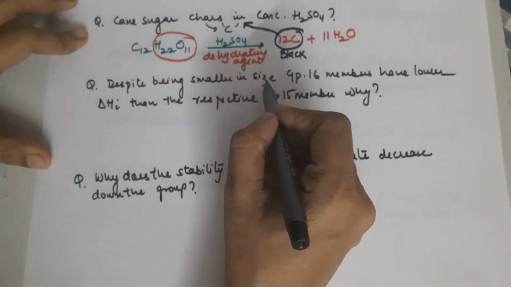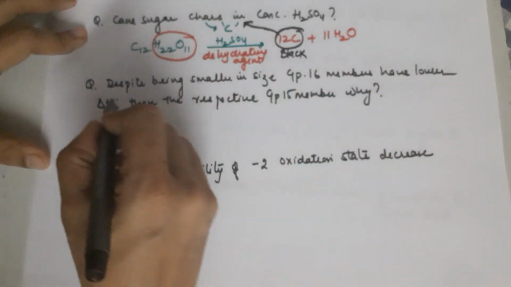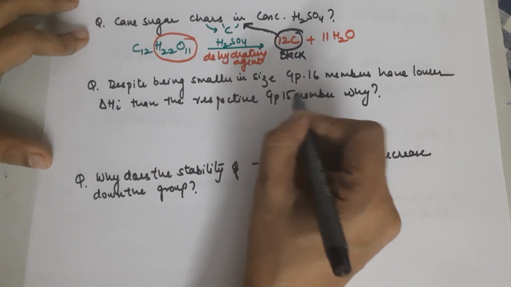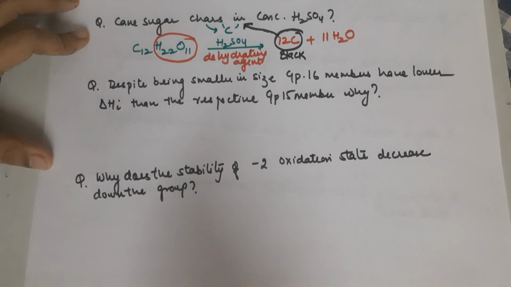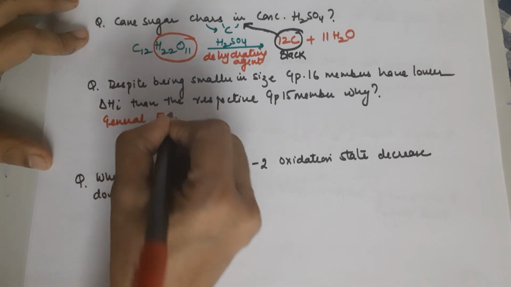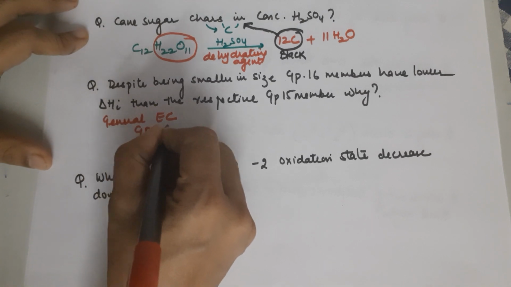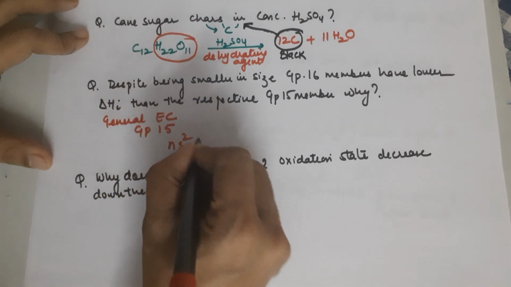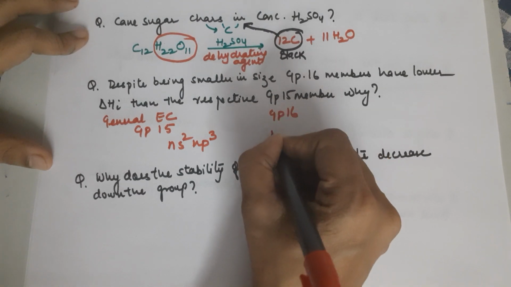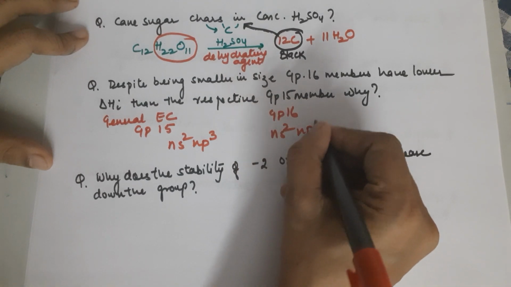Despite being small in size, group 16 members have a lower ionization energy in comparison to group 15 members. Now let's talk about the general electronic configuration. For group 15 it is ns2 np3, while for group 16 it is ns2 np4.